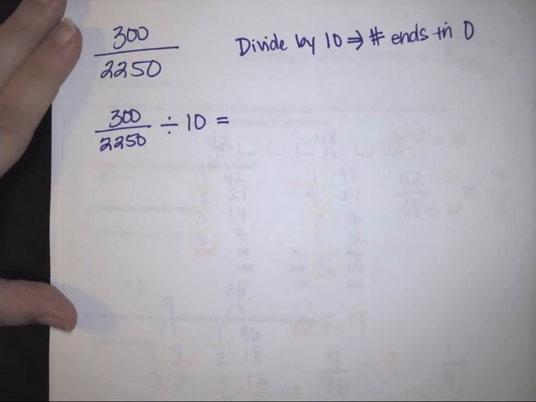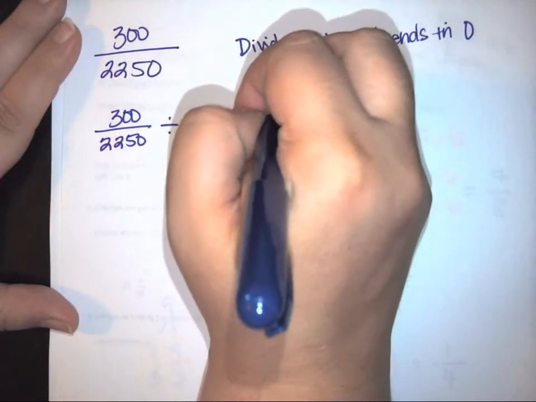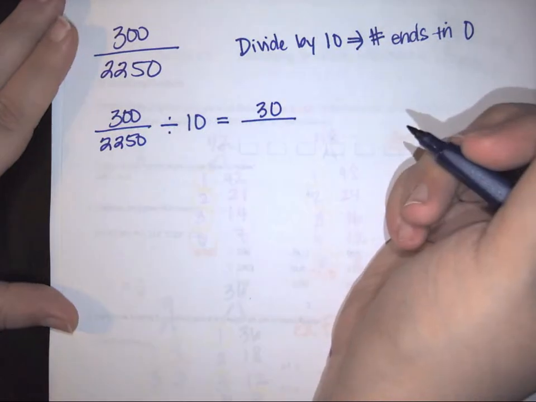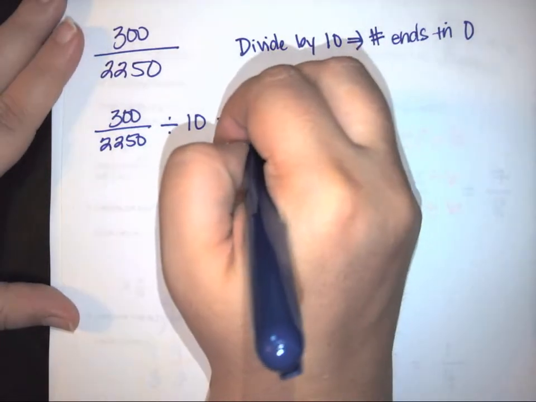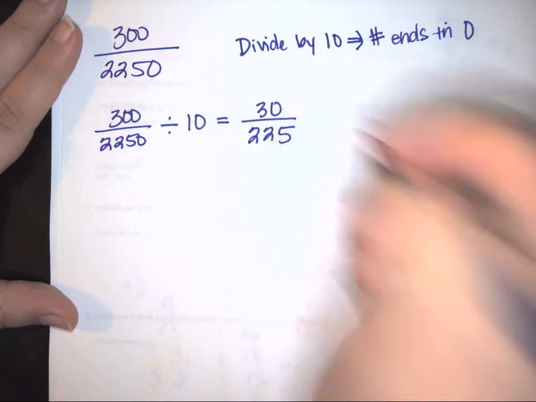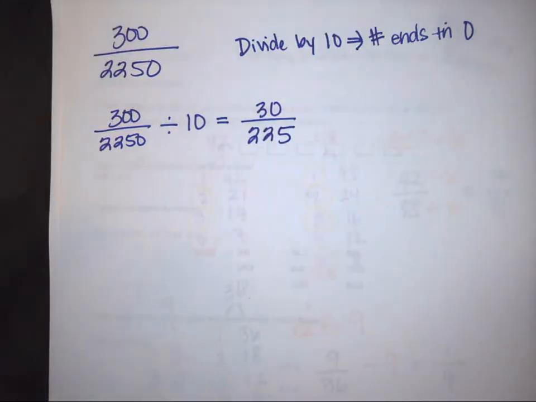So 300 divided by 10 leaves me with 30. 2,250 divided by 10 leaves me 225. Much better factor tree for 30, not so much of a better factor tree for 225.